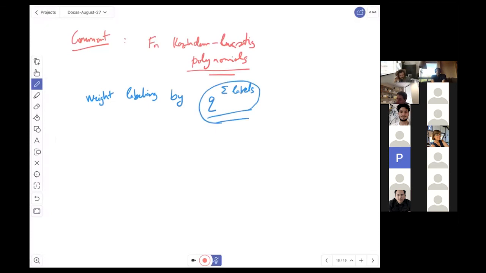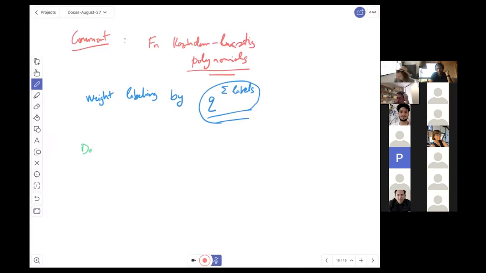And that's in fact the way you encode Kazhdan-Lusztig polynomials combinatorially. You don't just get numbers by counting labelings, but you have to weight them appropriately by this q. And I guess computing the Euler characteristic then corresponds to plugging in the value for q. So of course you can just do the same.